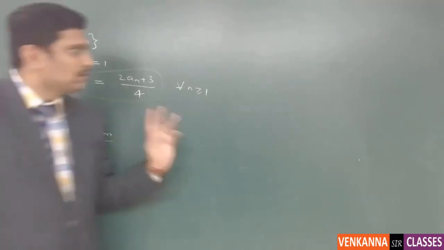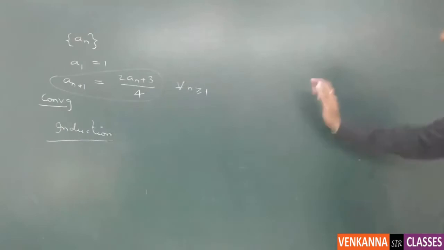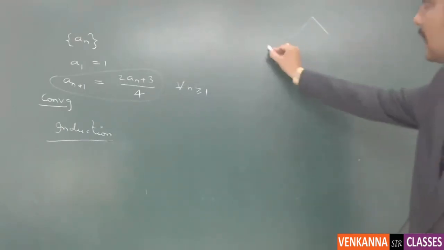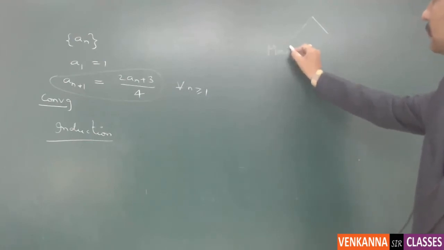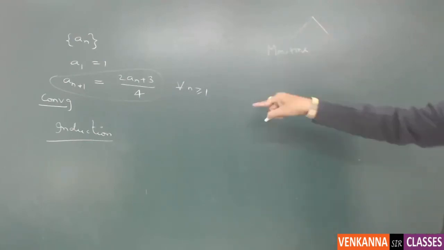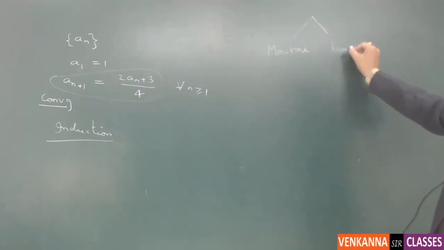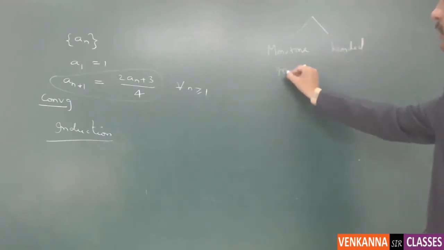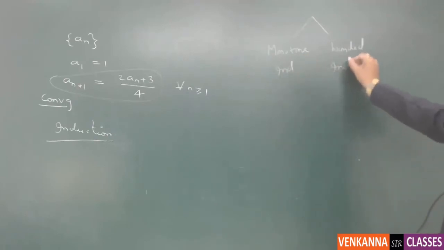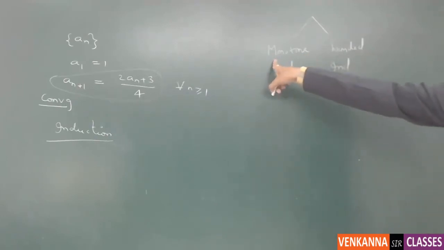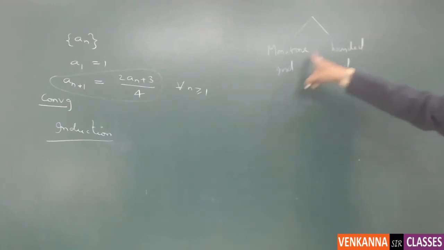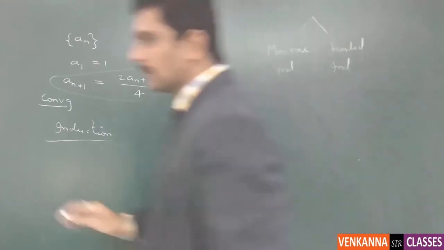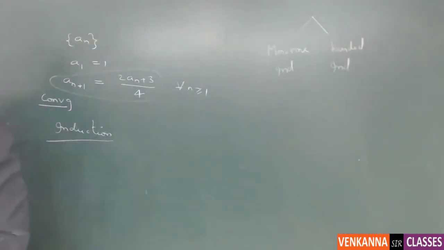So, for applying the monotone convergence theorem, you have two parts. You need to say it is monotone, and you need to say it is bounded. So in each case, you are applying induction. To prove monotoneness, you apply induction. In proving boundedness, you apply induction. Okay? Is the perspective of the problem clear? The strategy?